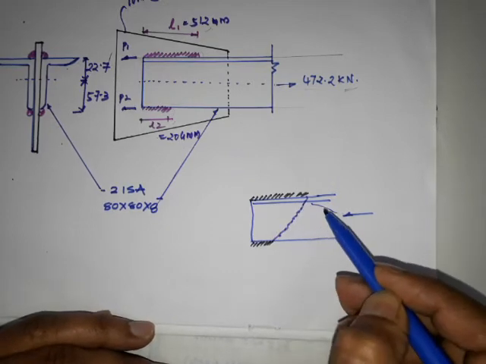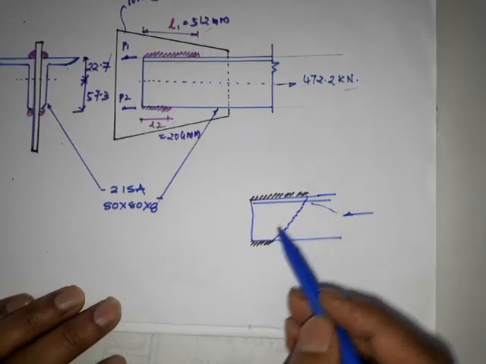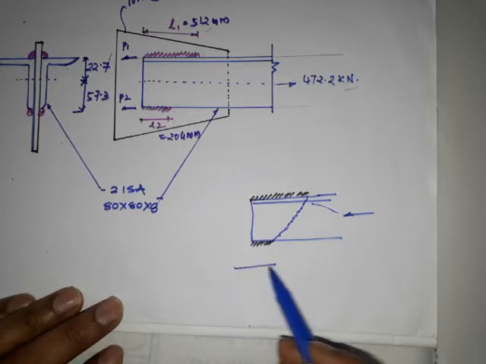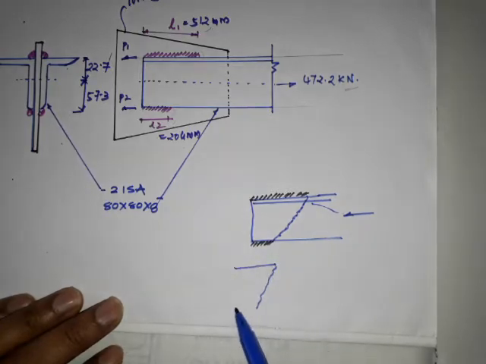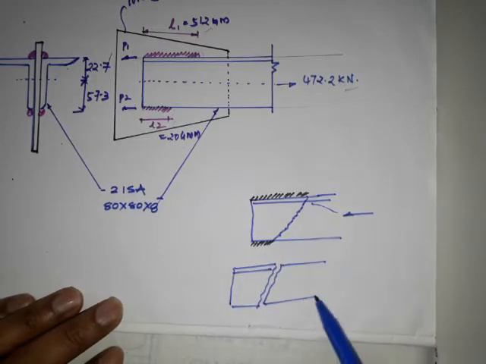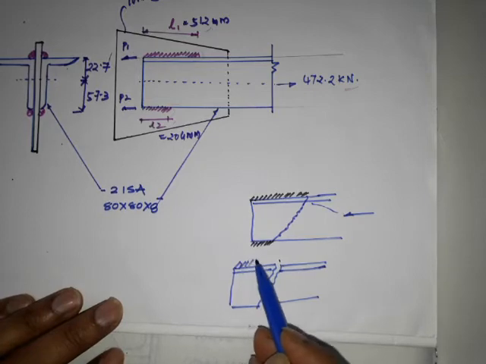At that time the member will get separated here like this. The separation will take place from here because the length of weld is provided here.